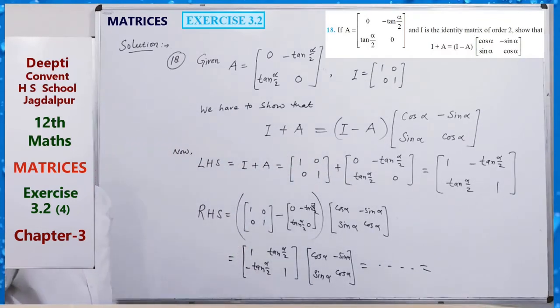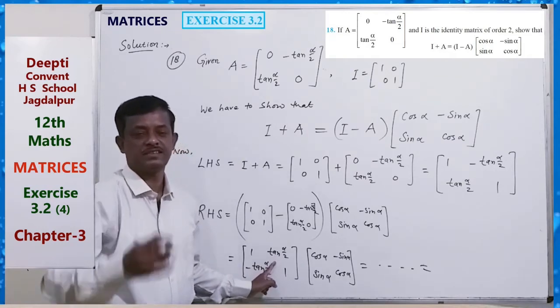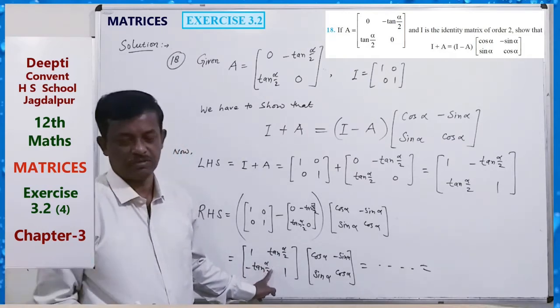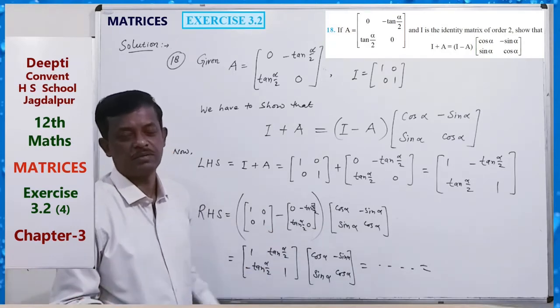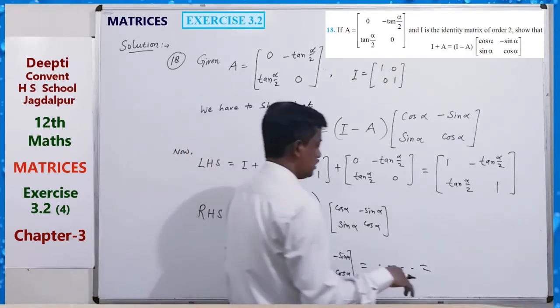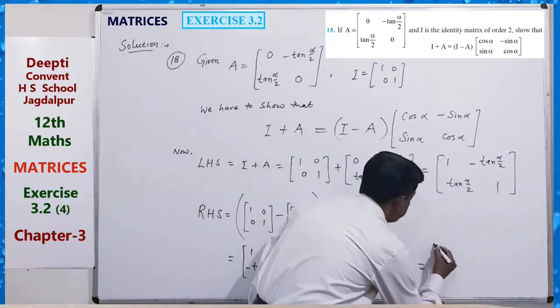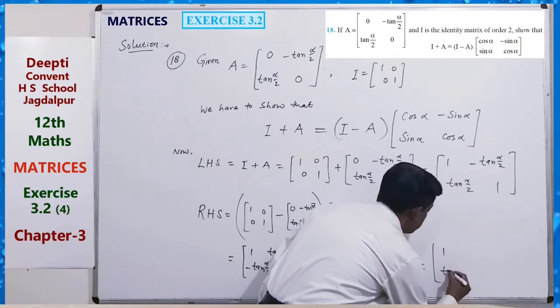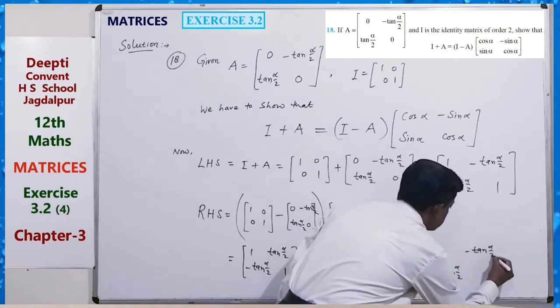Just multiply it and write tan alpha by 2 as sin alpha by 2 upon cos alpha by 2, and then take LCM and use the sin A plus B and sin A minus B formulas. Then you can get the same value: 1, tan alpha by 2, minus tan alpha by 2, 1.